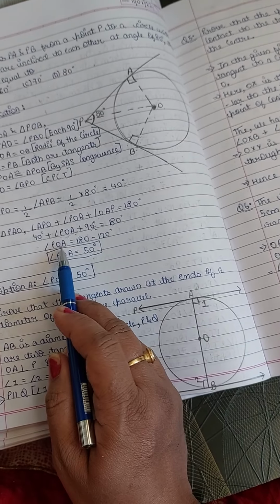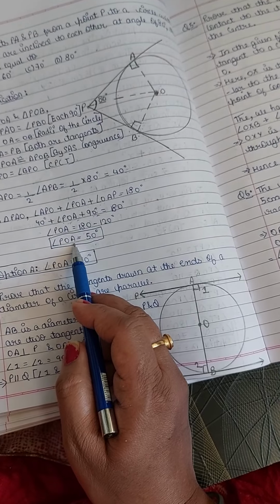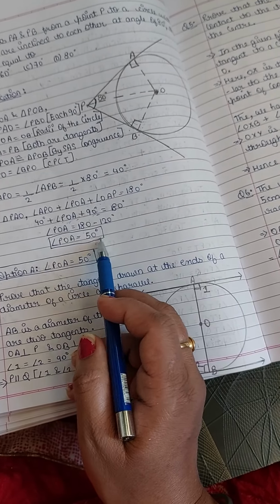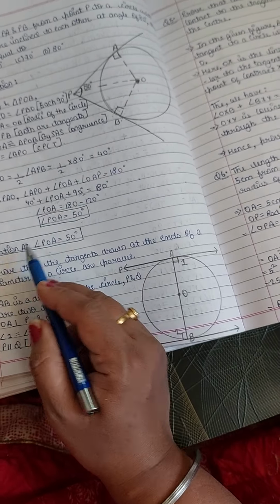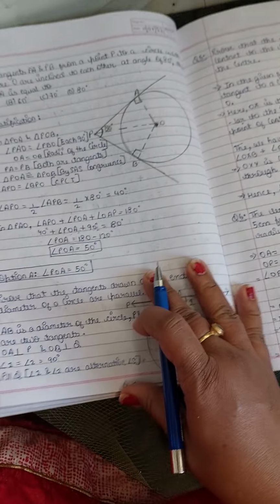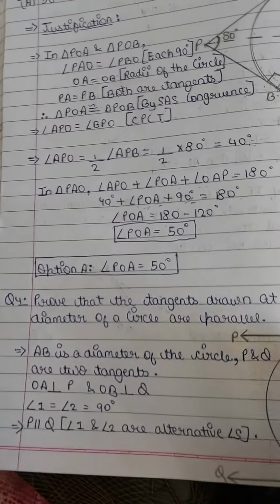Then we can solve the equation and find the value. Angle POA is equal to 50 degree. Then our option is A, 50 degree.